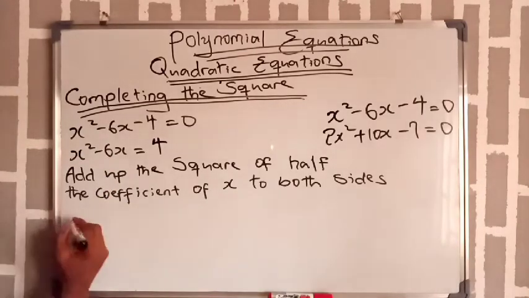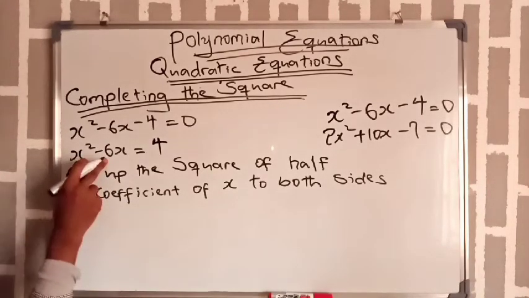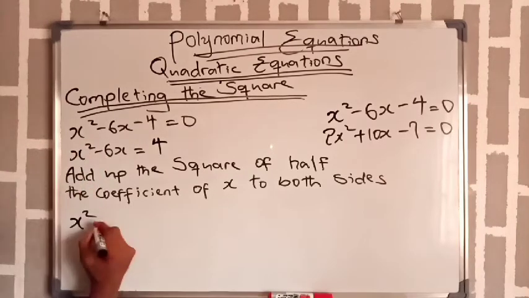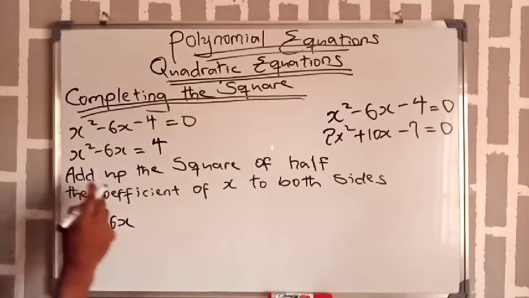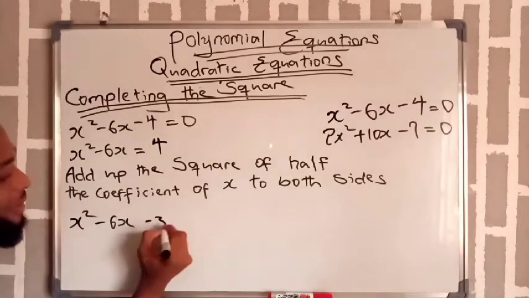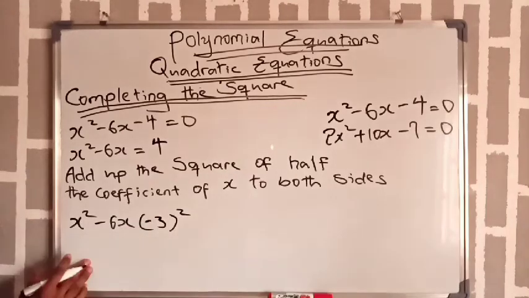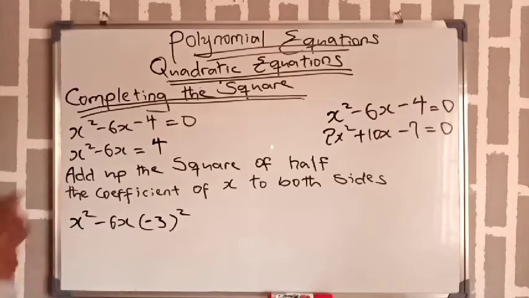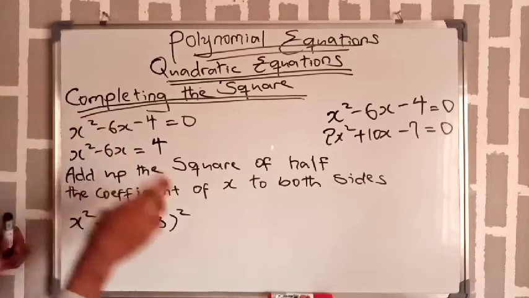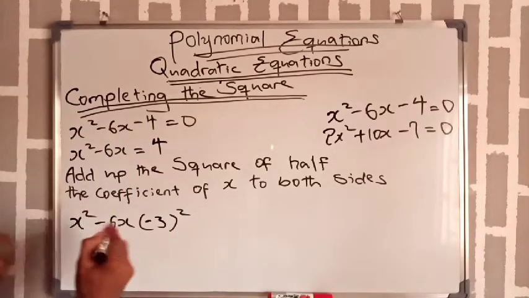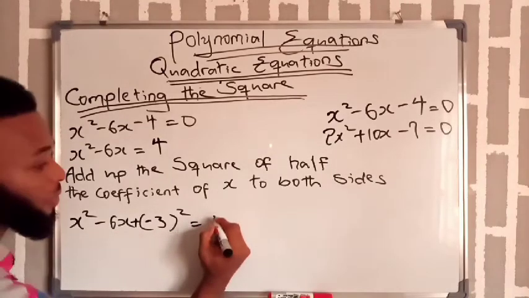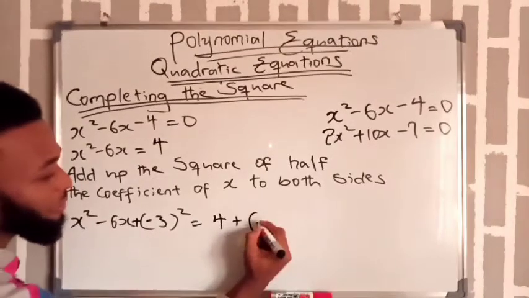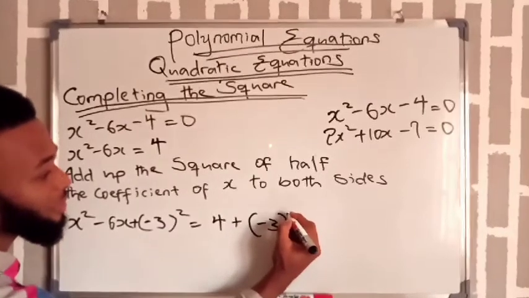Let me show you what I mean. That's x squared minus 6x. 6 divided by 2 is 3, that's half. Now I'm adding it to both sides: plus minus 3 all squared, equals 4 plus minus 3 squared.